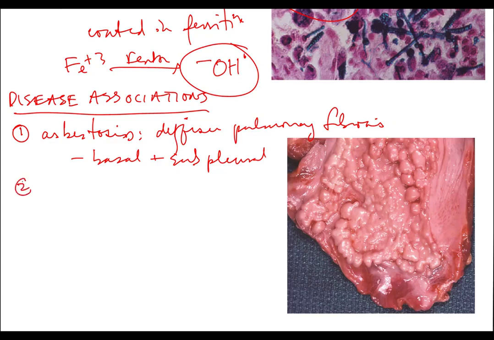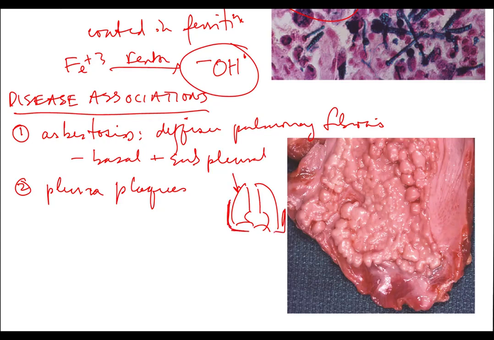The second disease association is we get fibrosis of the pleura, and that forms our pleural plaques. And the pleural plaques tend to be thickening of the parietal pleura. So if we are going to draw a lung here, this is going to be our visceral pleura. The fibrosis tends to be in the parietal pleura.